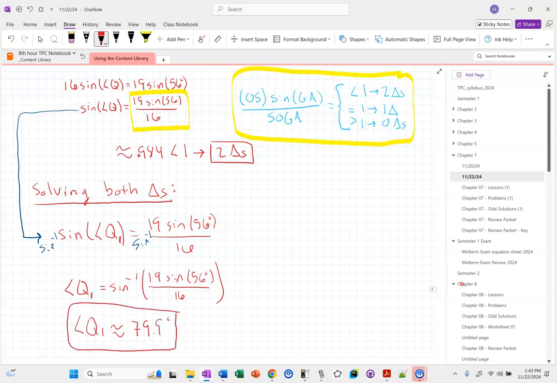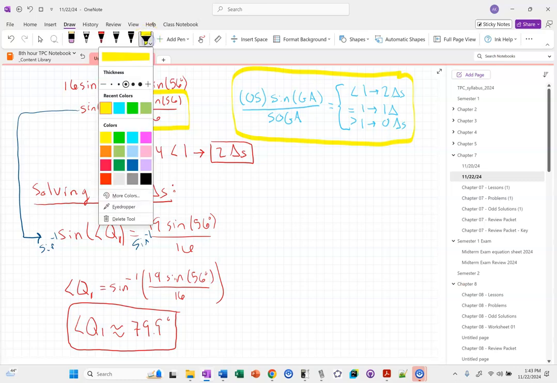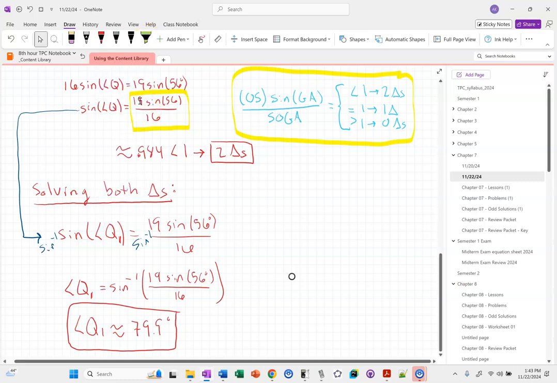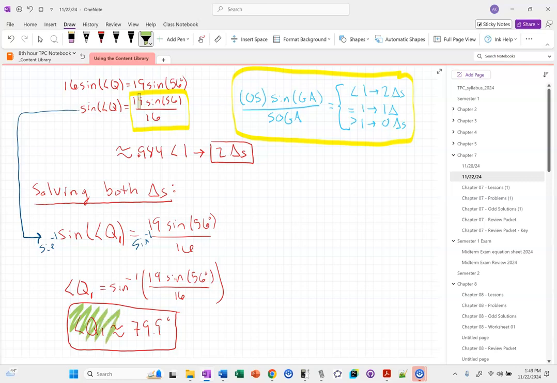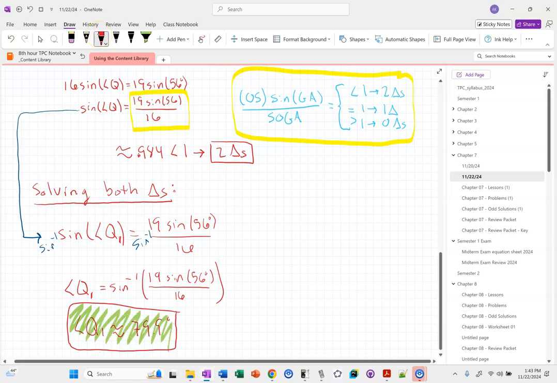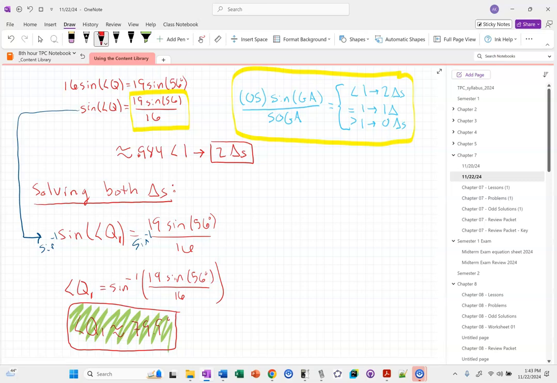I'll box that up because that's one part of my answer. But I'm also going to highlight this because that answer is going to be important later and I don't want to forget about it. So I'm going to highlight that one too so that when it's time to look for triangle 2, I'm going to need that answer.